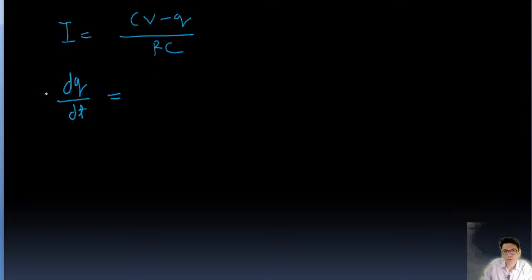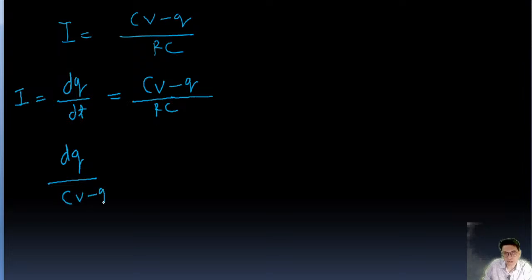So we can write dq upon CV minus Q equal to dt upon RC.